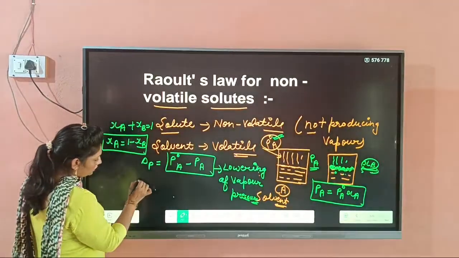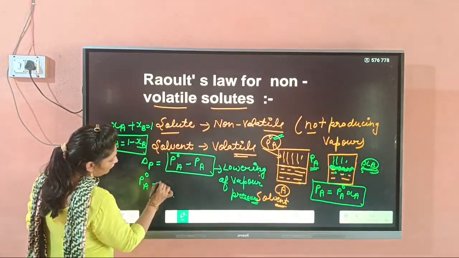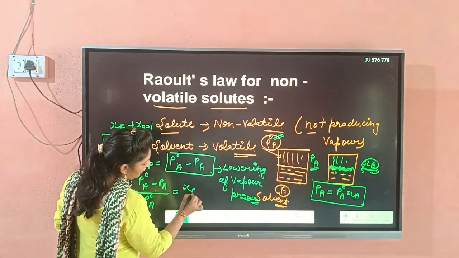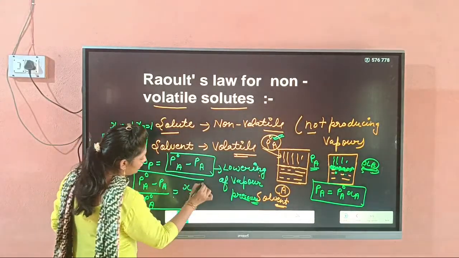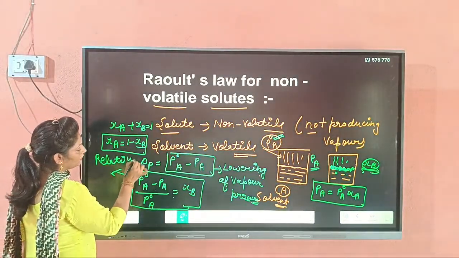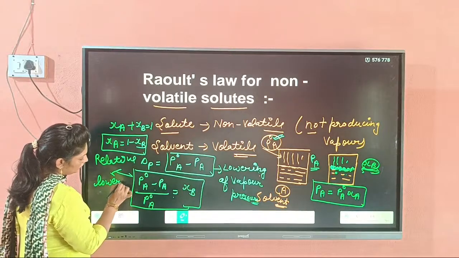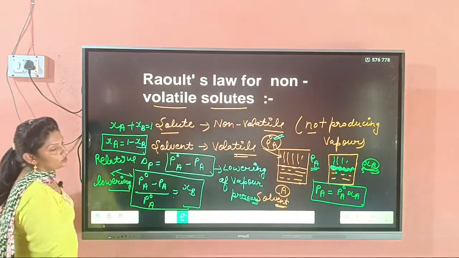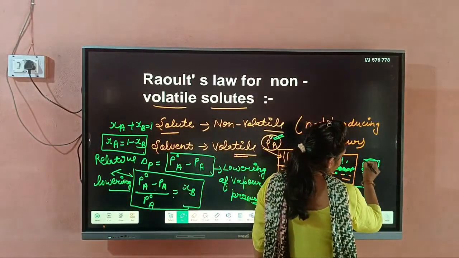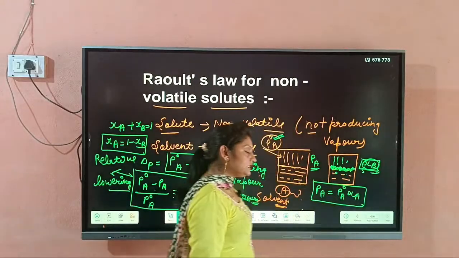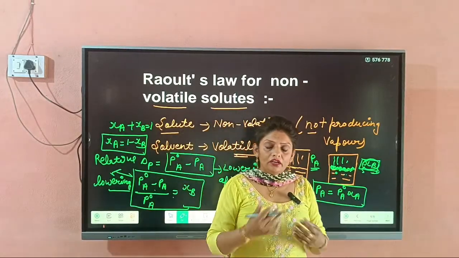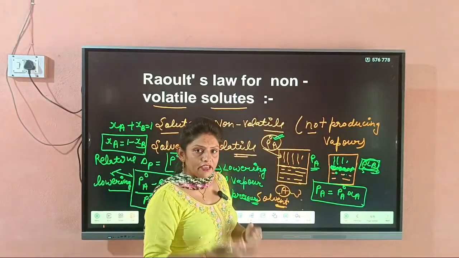And after solving this, we get P naught A minus PA by P naught A is equal to XB. This is known as relative lowering of the vapor pressure. Means vapor pressure of any solvent is affected by the solute present in it. And this relative lowering of vapor pressure is also a colligative property. Colligative property we will discuss in next session.